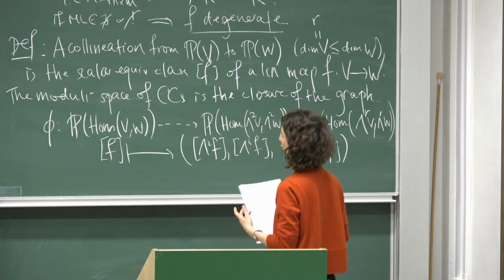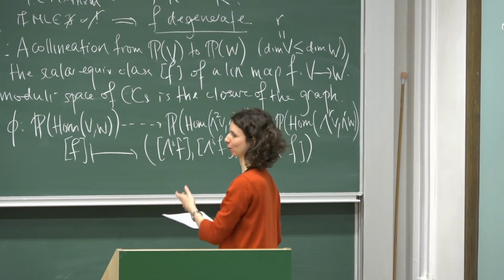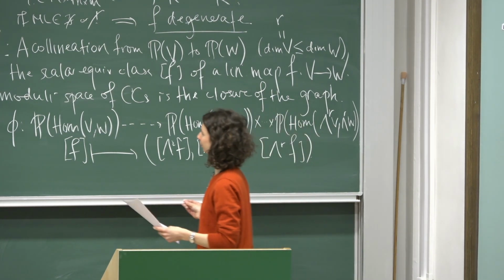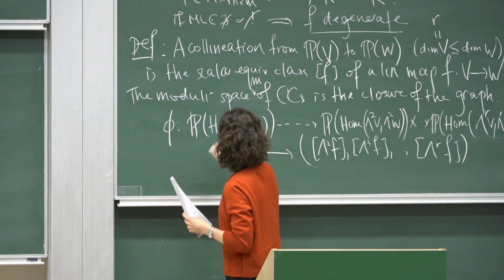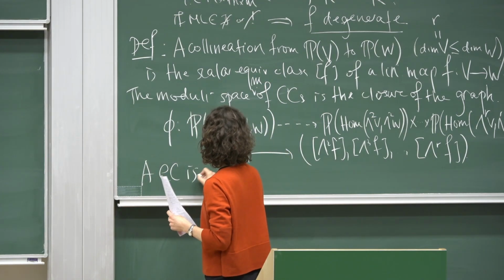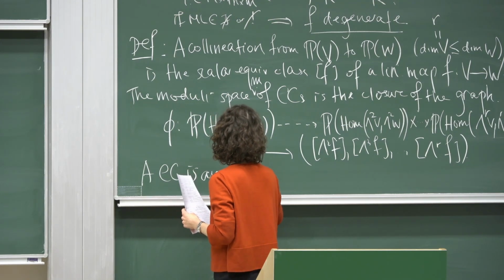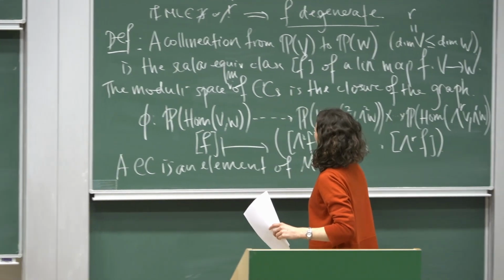So from the point of view of algebraic geometry, in terms of doing some enumerative geometry, it's just much nicer to work with this moduli space. So let's call this space M. So a complete collineation from P(V) to P(W) is an element of M.